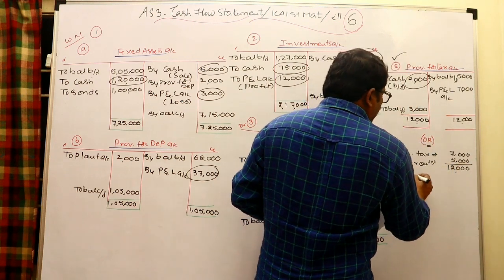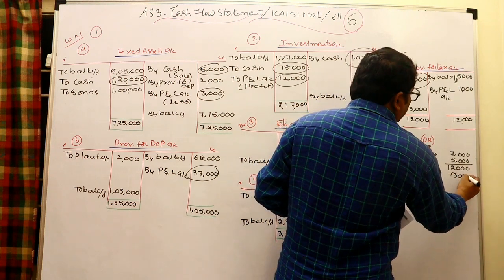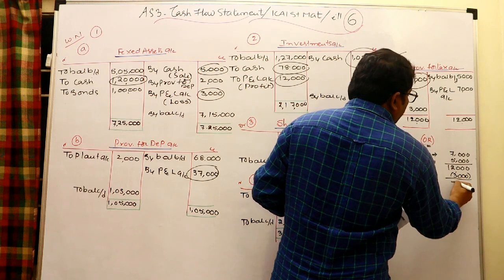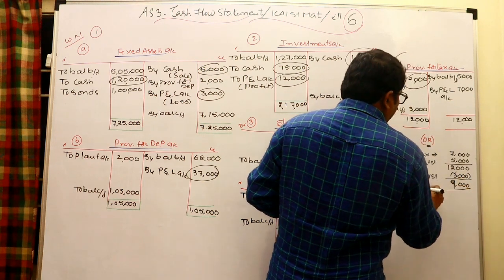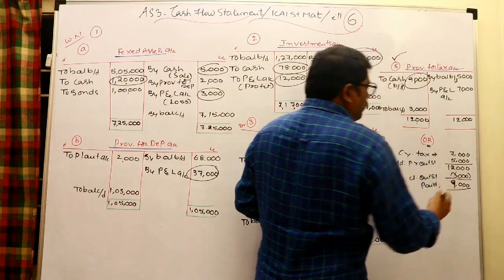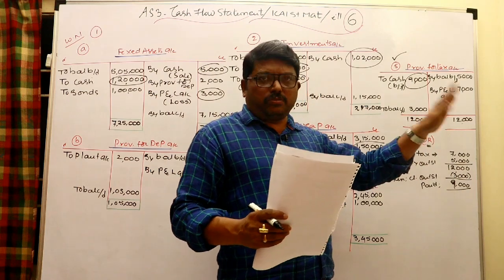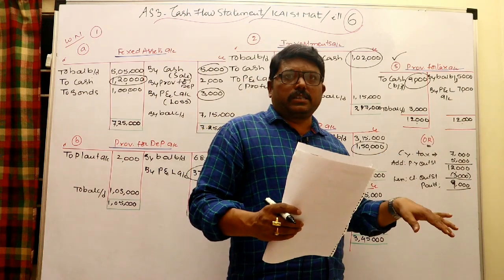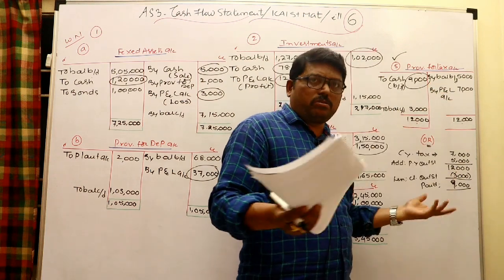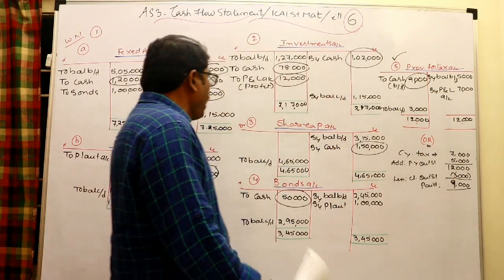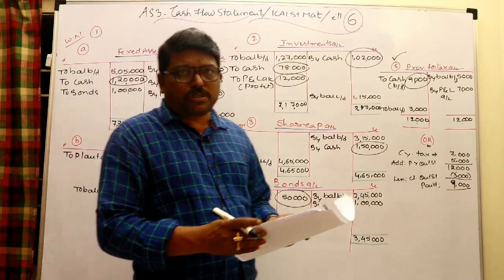Less closing outstanding, still outstanding 3,000, which means 9,000 is paid during this year. Out of current year provision for tax expense, opening provision for tax should be added, closing should be deducted. By that you are able to know tax paid. Either by this way or this way you can work out tax paid. So this is the information, and by this information we can have the cash flow statement.